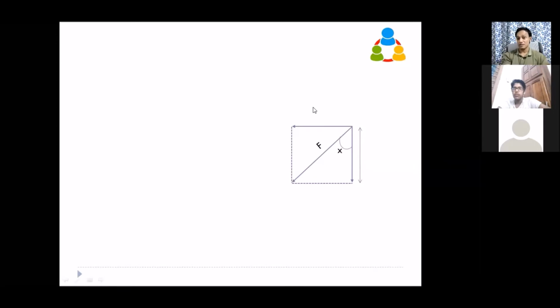Don't bother, that is the fundamental principle of whatever we are doing. This direction could be like this, and I tell you that this makes an angle X with this.